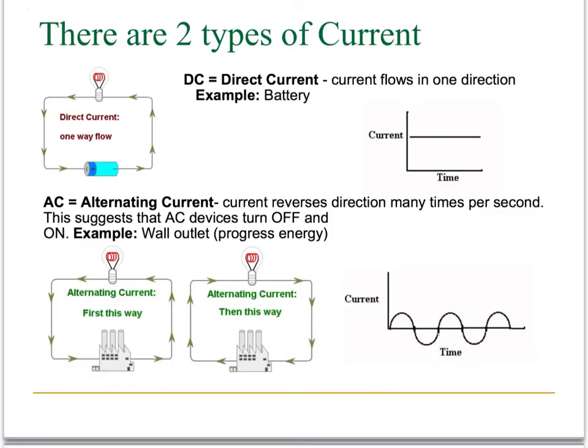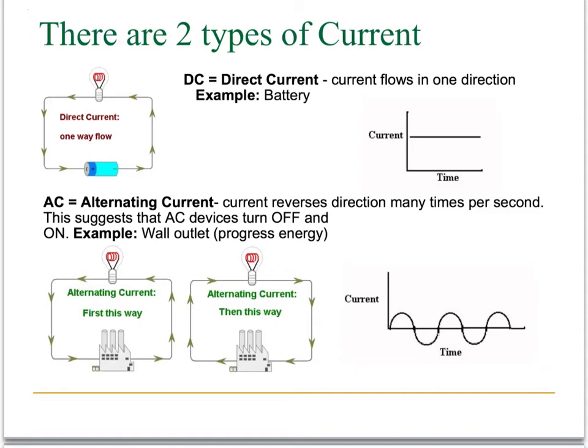There are two types of current. The first type is DC, or direct current, which means current flows in only one direction. The best example of this is a battery. If we look at our circuit here on the side, the current starts at the negative end of the battery, goes around through the light bulb, and back to the positive end of the battery.